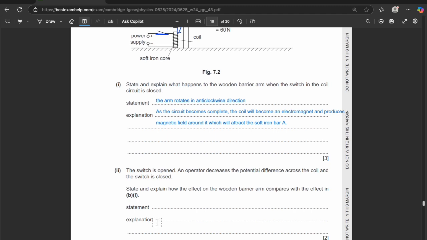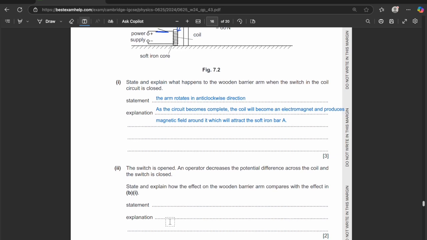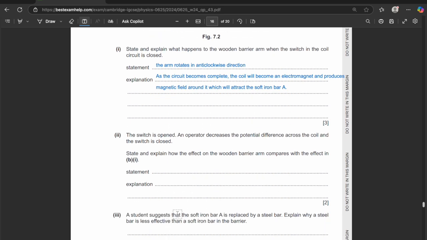2. The switch is opened. The operator decreases the potential difference across the coil, and the switch is closed. State and explain how the effect on the wooden barrier arm compares with the effect in B1. So there is less potential difference, which means less current, and that will make the arm move slowly, and not as much as the one in the first question.